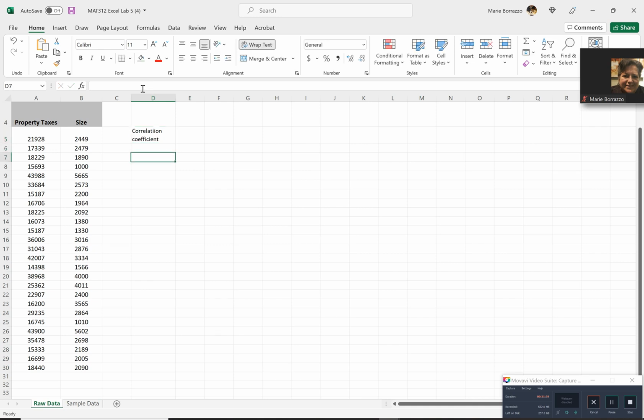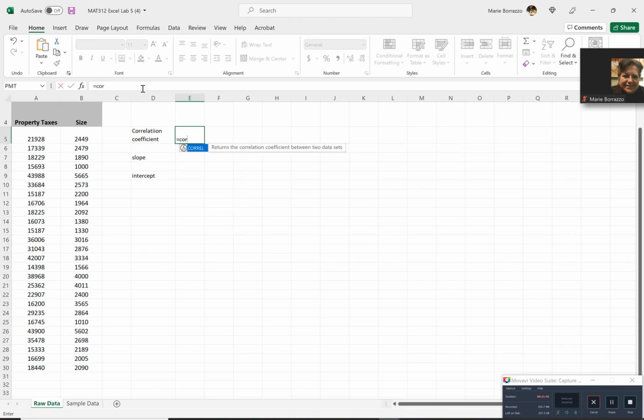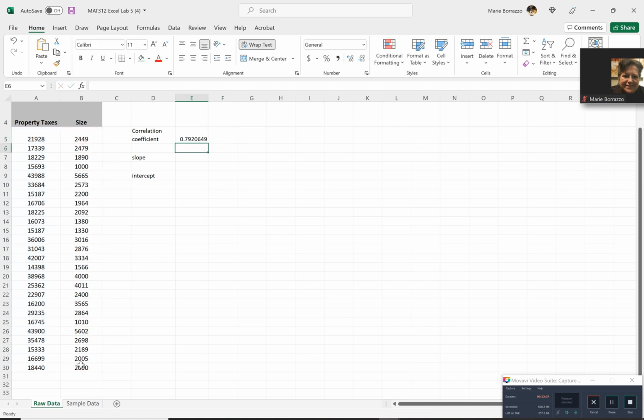I'm going to show you how to find the slope again and how to find the intercept. Okay, and I want you to look at the acronyms here. So you're going to go equals CORREL. Double click on CORREL. It's going to ask you for array 1. You just want the numbers. Array 1, comma, here's array 2. Hit enter. There's your correlation coefficient.